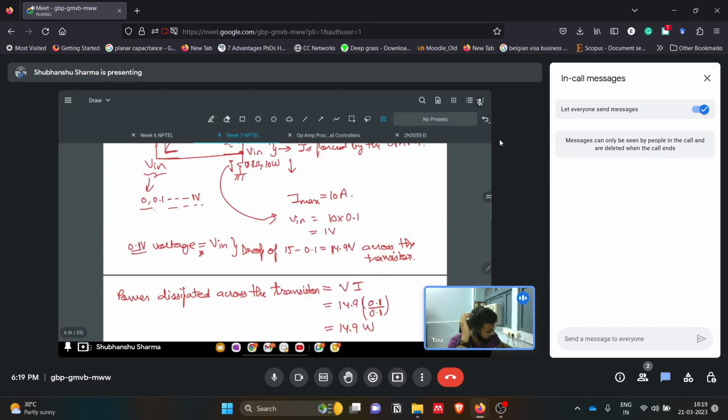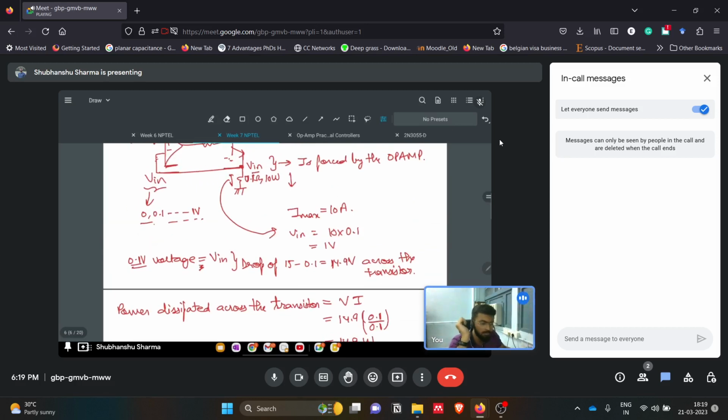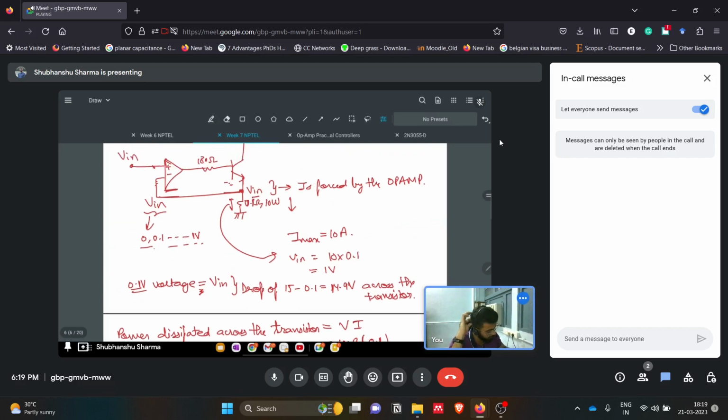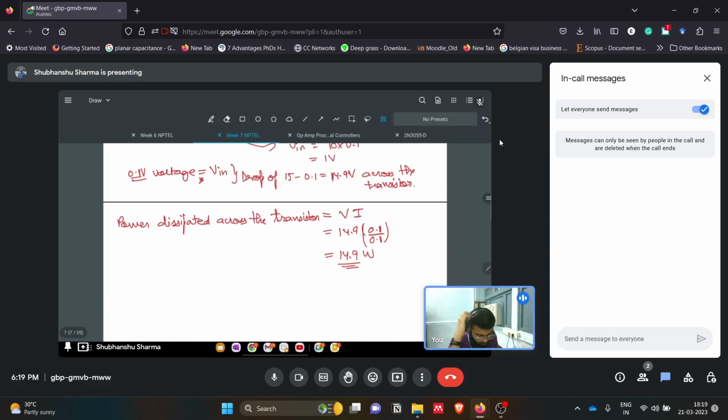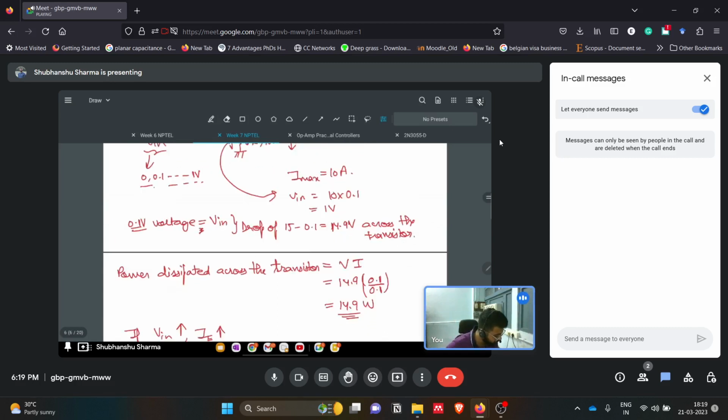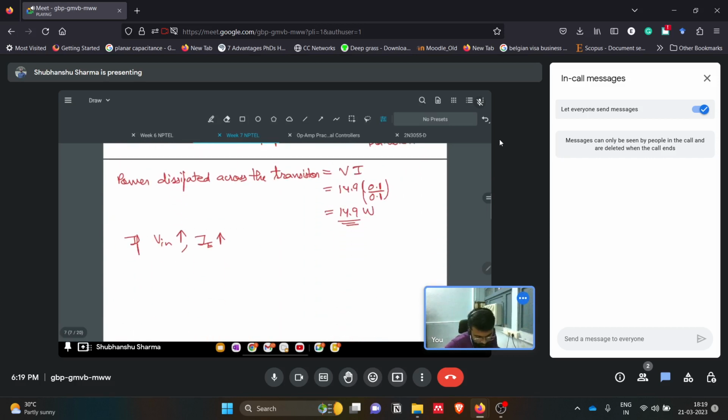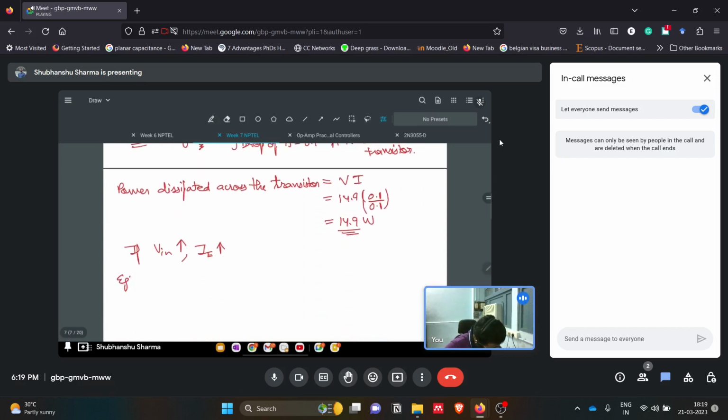Now for a certain value of V in, the input which we gave to the op amp, we achieve some power. If we increase V in, then IE, the current through the resistor, will also increase. Let's say, for example, we made V in equal to 0.5 volts.